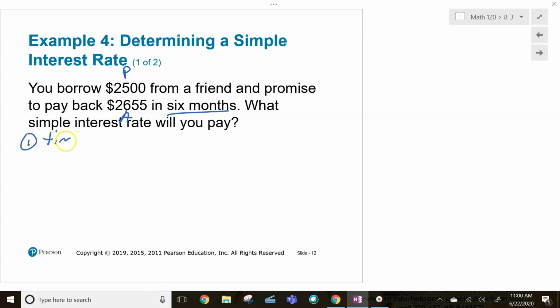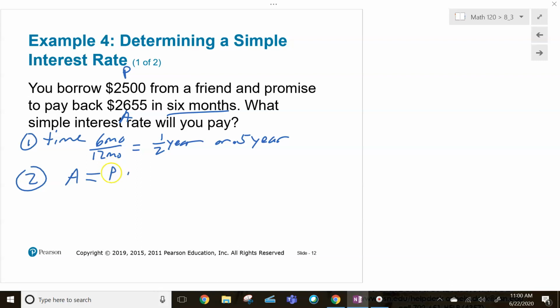Number 1, make sure your time is correct. 6 months out of 12 months is a half a year, or 0.5 years. Right? 0.5, half a year. Okay, so what's the simple interest rate you're going to pay? Well, the amount you're promising to pay is the principal plus the interest.